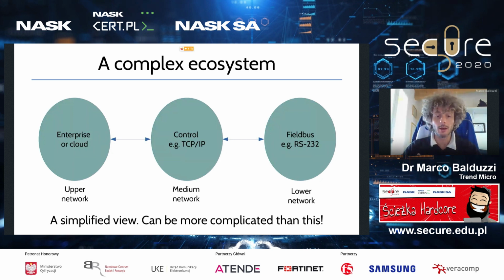You have the machines for controlling the production itself, where you define how many pieces you want to produce and so on and so forth. And then you have a field bus network, which is what is actually connected directly to the machines that do the production. Usually this field bus network runs on serial, so very old, technologically old networks.